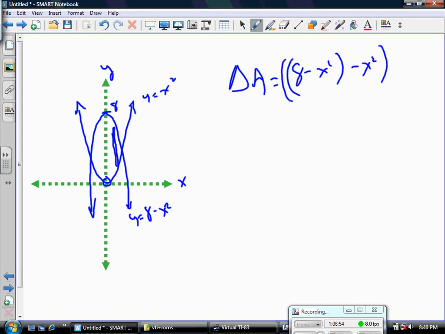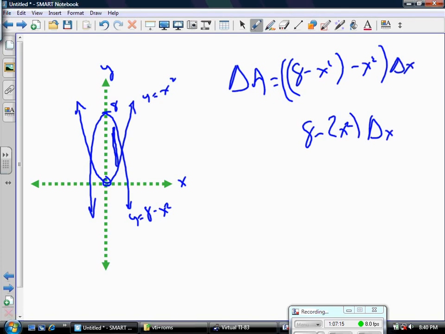That's the height. Times the thickness. What's your thickness? Delta x. They always say it's a delta x. It's horizontal thickness. Okay, and what is 8 minus x squared minus x squared? It's really just 8 minus 2x squared.